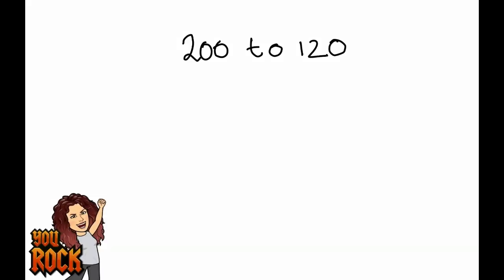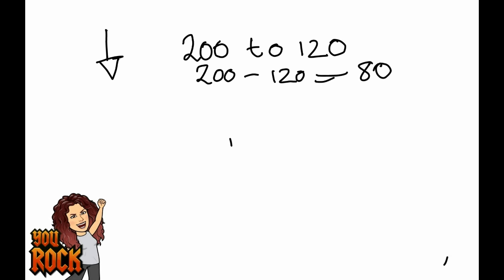Okay, last example. 200 to 120. It becomes less, so I'm working with a decrease. 200 minus 120 equals 80.